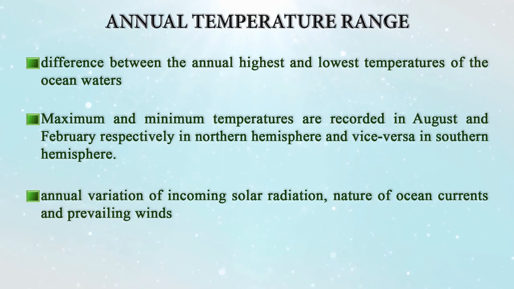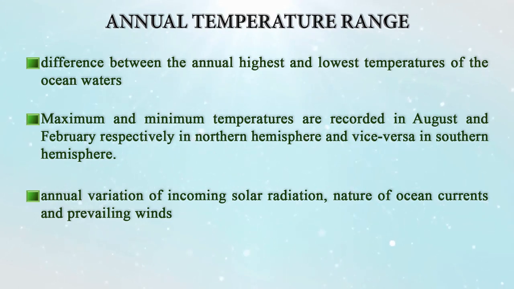Annual temperature range also gets affected due to ocean currents and prevailing winds, because we all know that warm ocean currents pile up warm water near the coastal areas, and so the annual temperature range gets higher in coastal areas where currents are onshore compared to those where the currents are offshore, because offshore currents will remove the warm water from the coastal areas, and so there will be upwelling of cold water from greater depths of the oceans, and so the annual temperature range would be lesser in case of cold ocean currents.